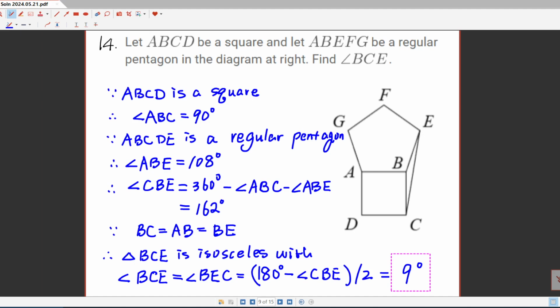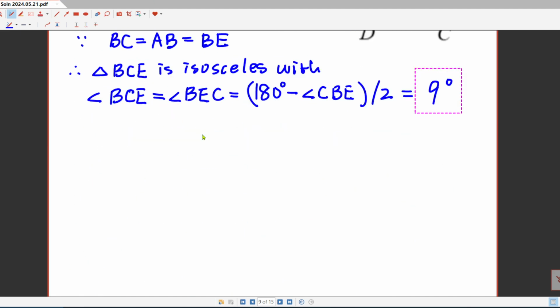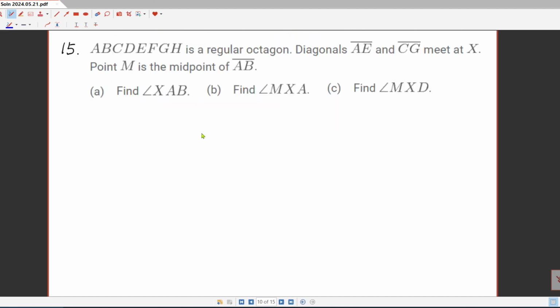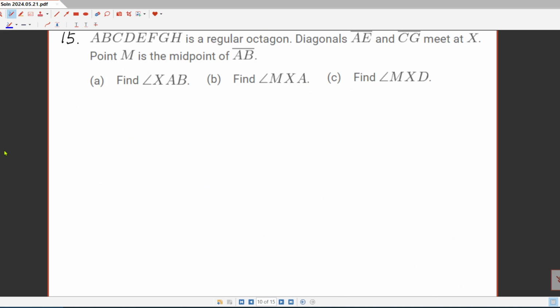All right, next let's have a look at question number 15. Okay, we have a regular octagon, so let's draw this octagon first.